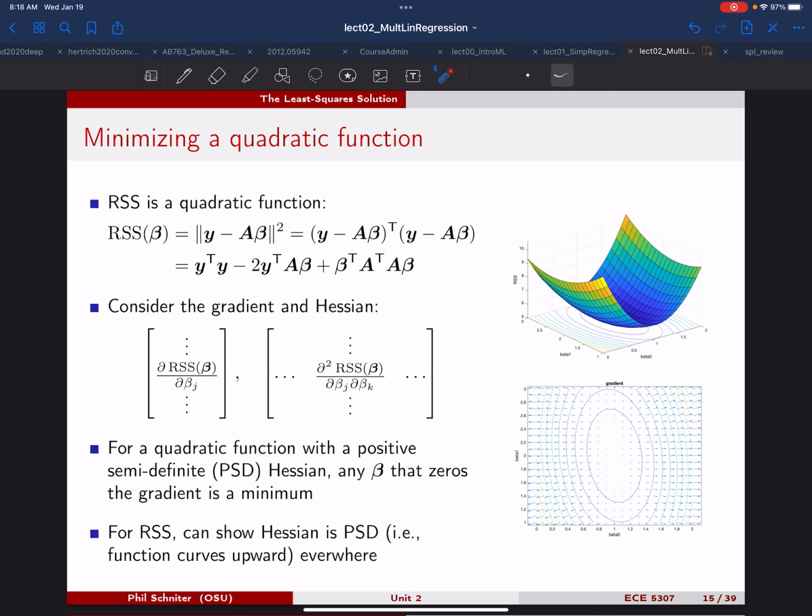In this case, the squares might mean something like beta 1 times beta 2, but you'll never see more than two betas multiplying each other in a row. That's what it means to be quadratic. So let's verify that. We start with our norm. Now, here's something to remember.